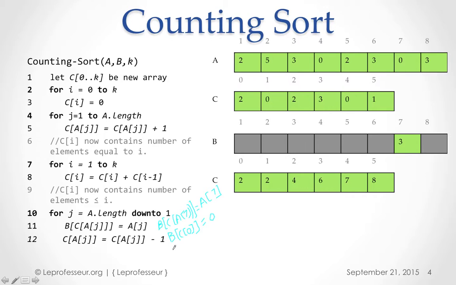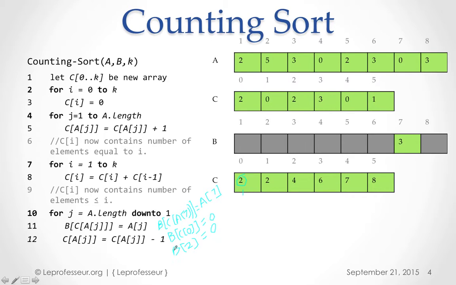Okay, now what is the value of C of 0? Okay, C of 0 has value 2, so we put it 2 here and it's 0, and after that we decrement 1 from the 2, so the new value of C will be 1.